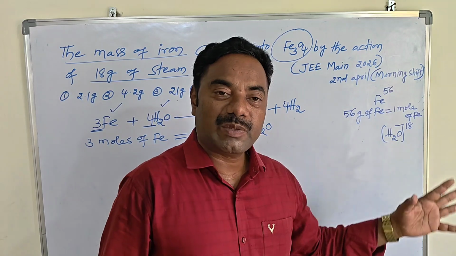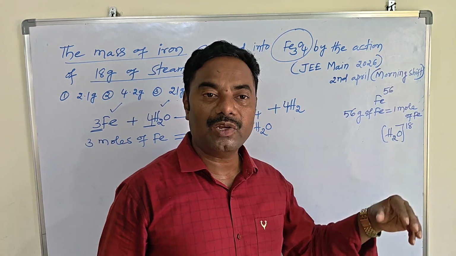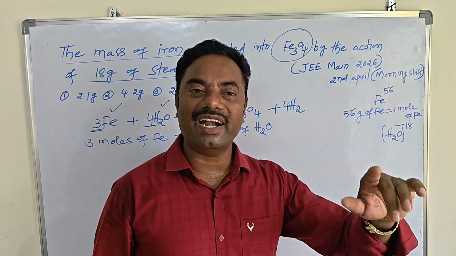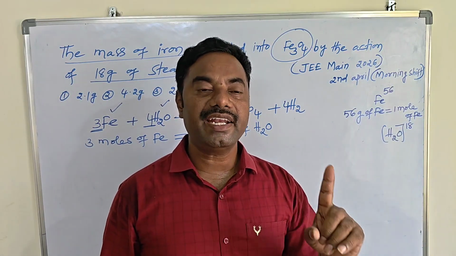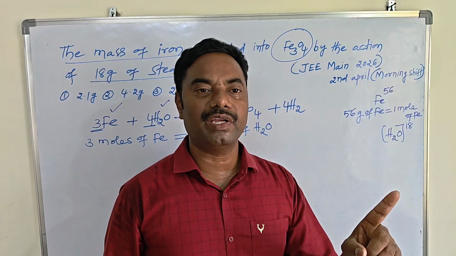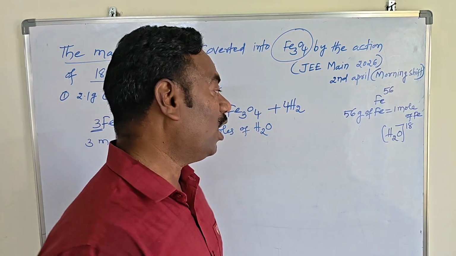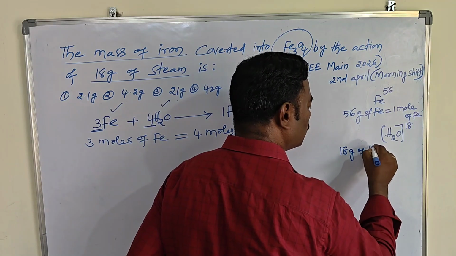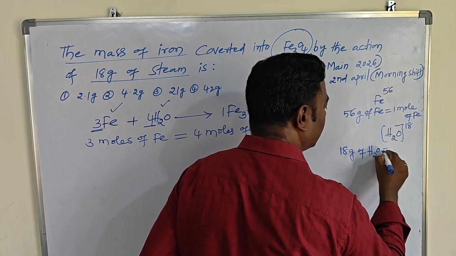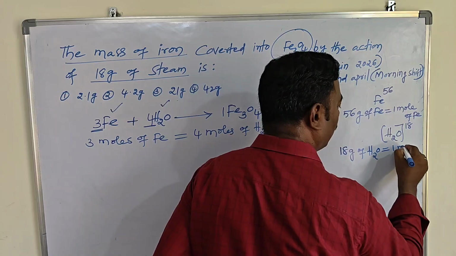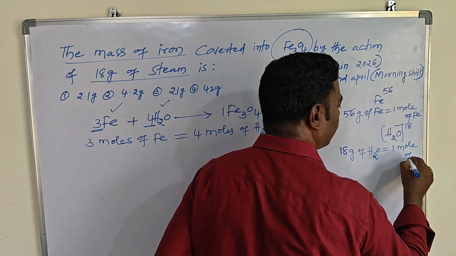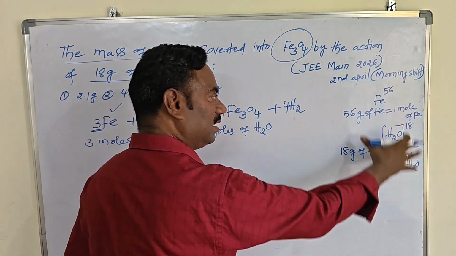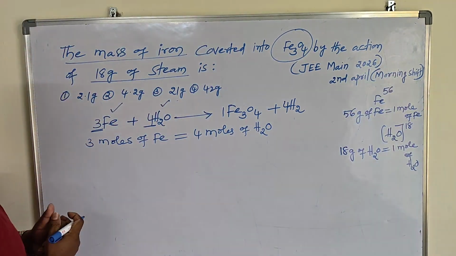This is a molecule, and a molecule has molecular mass and gram molecular mass. 18 AMU contains 1 molecule of H2O. 18 grams contains Avogadro number of H2O molecules, which is equal to 1 mole. 18 grams of H2O is equal to 1 mole of H2O. From this data we will solve this problem.